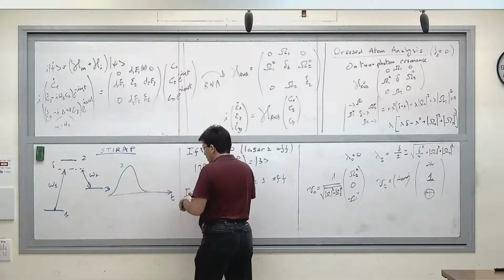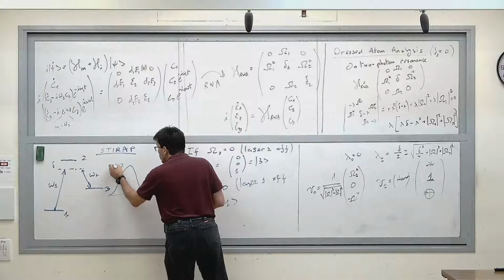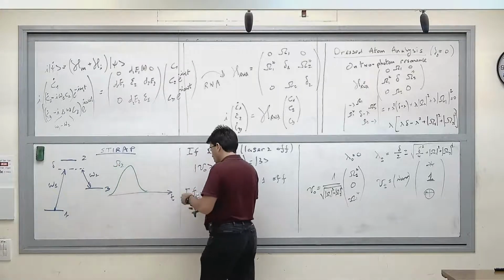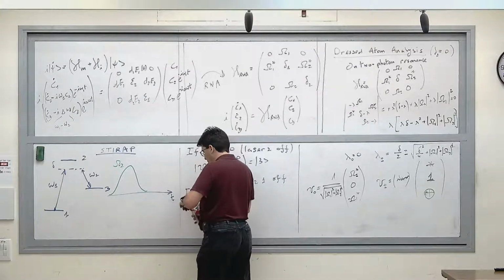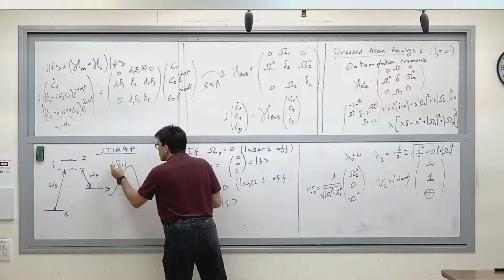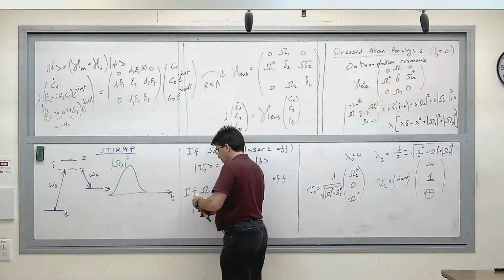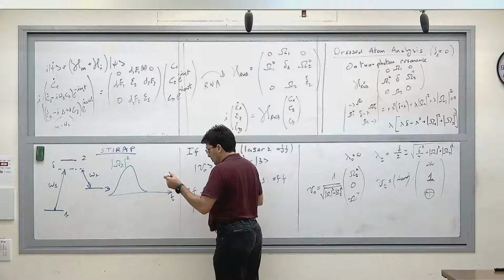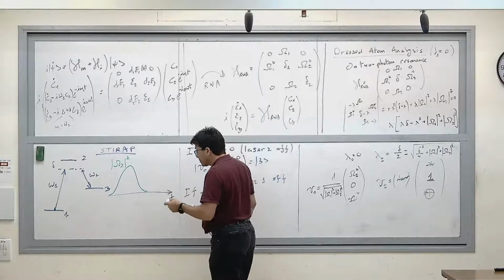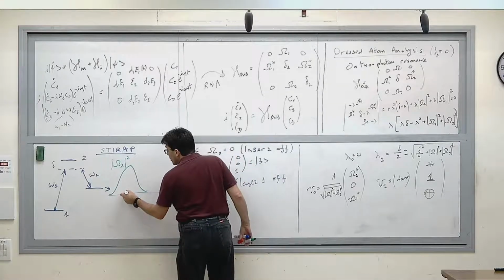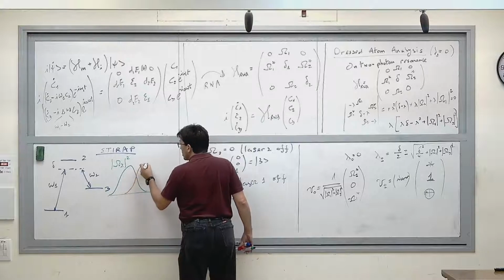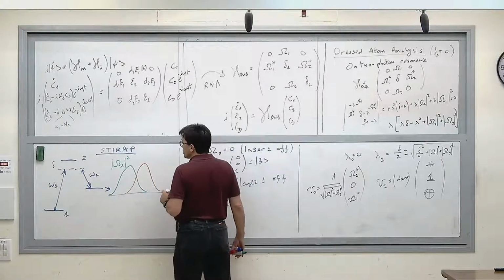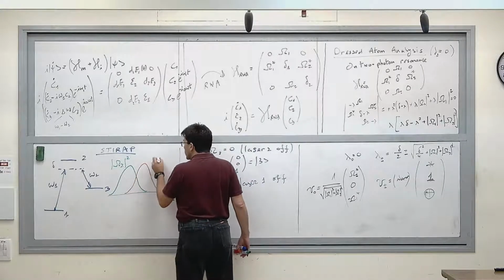This is the intensity of laser 2. So this is what we would call omega 2, absolute value squared. And this is the intensity of laser 1.